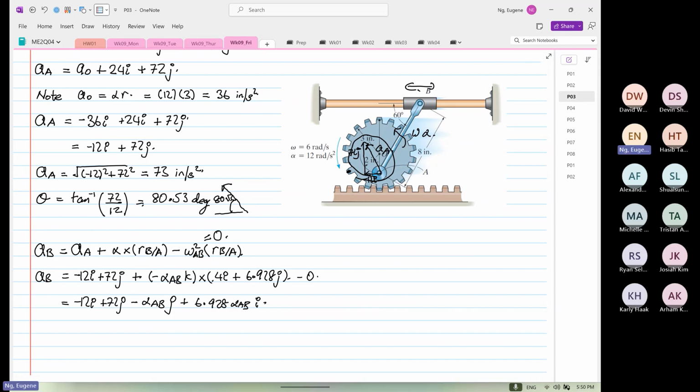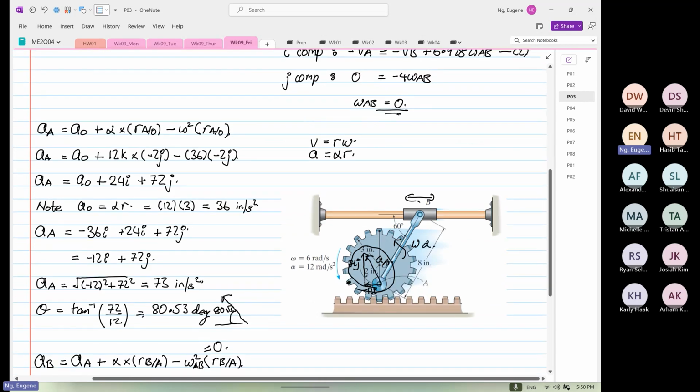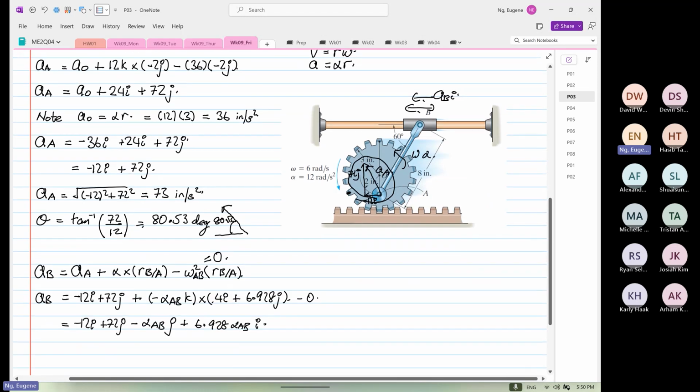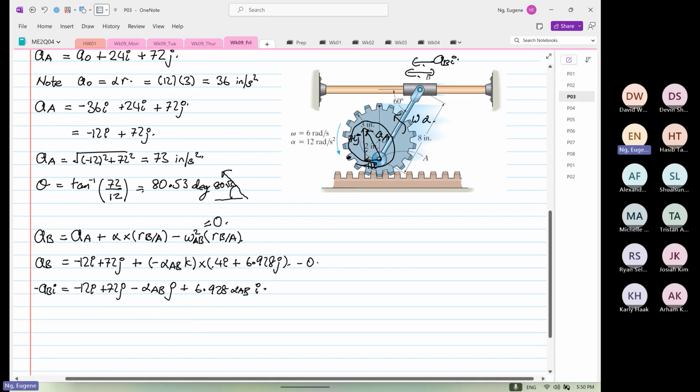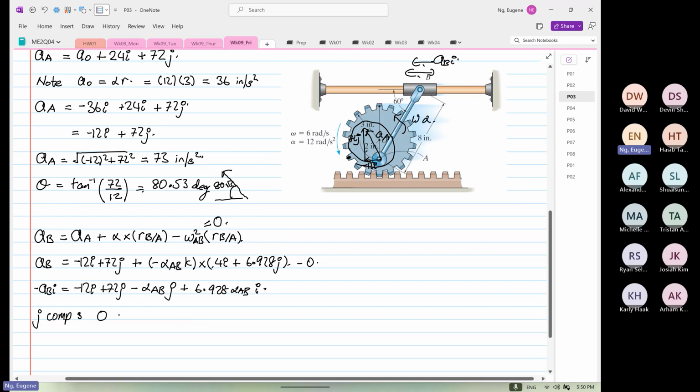And we also know that a_B, so we are going to assume a_B is going towards the left, so this is equal to minus a_B i. Okay. So when we look at the j component, we have 0 is equal to 72 minus alpha AB. Okay.